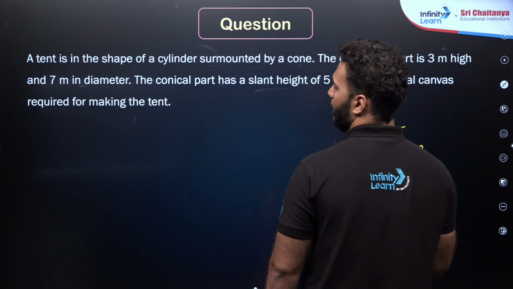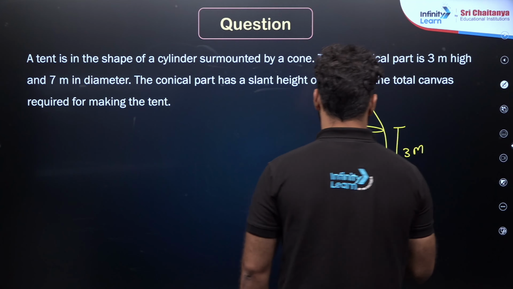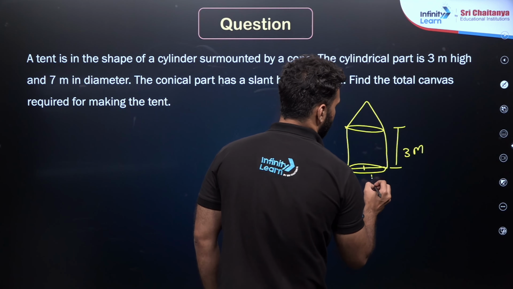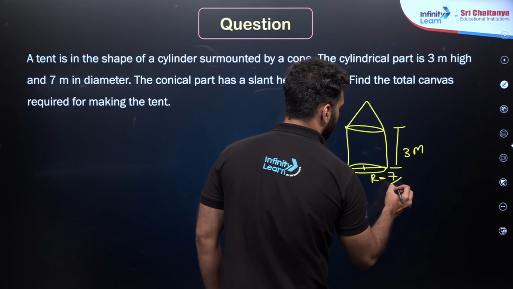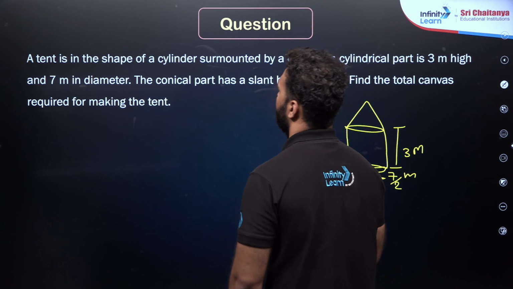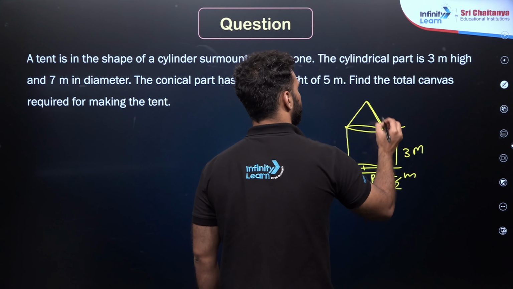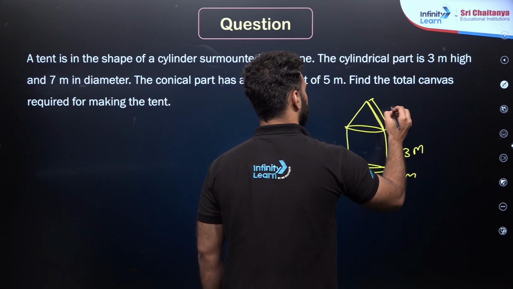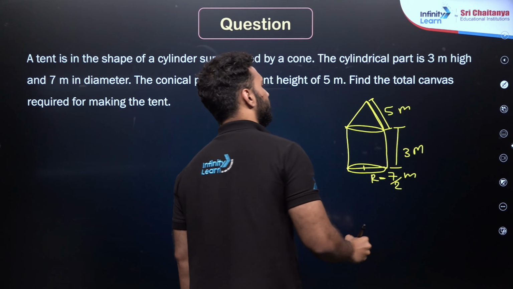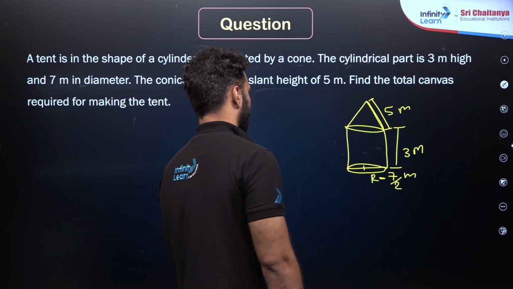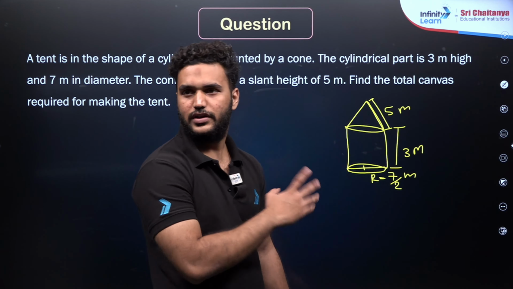And 7 meter diameter. Diameter is 7, then r will be what? 7 by 2. Okay, next. The conical part slant height is 5. This value is given to us, 5 meter. Find the total canvas required for making that tent. You just have to find the total area of this.